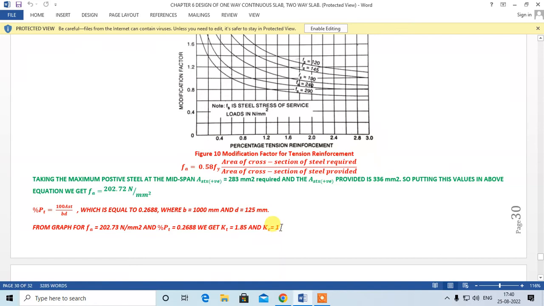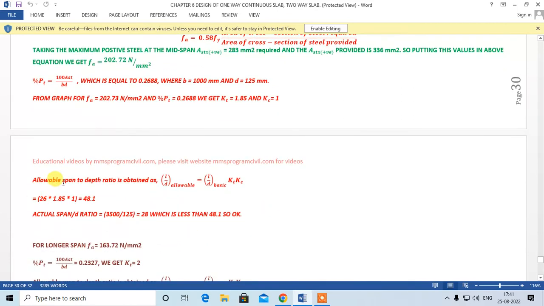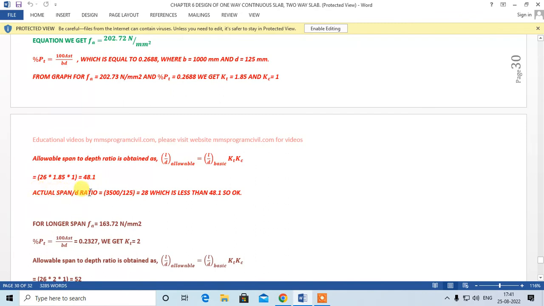So the allowable span to depth is 26 into 1.85 into 1, which is equal to 48.1. And the actual span by d, that is Lx is 3.5 meters, d is 125 mm, so this is 28, which is less than 48.1, so it is safe.